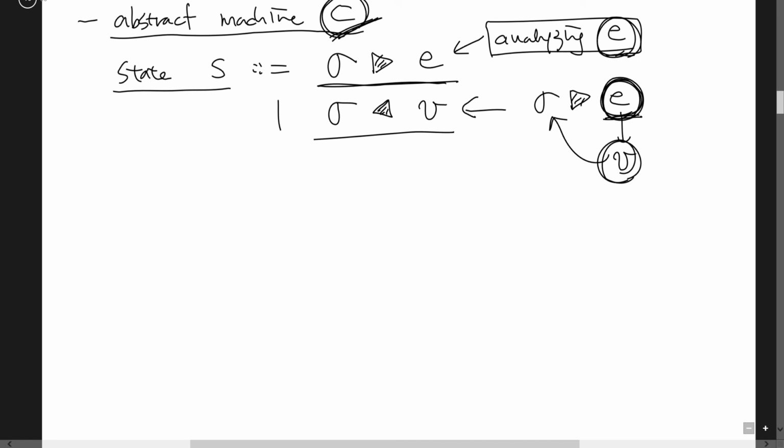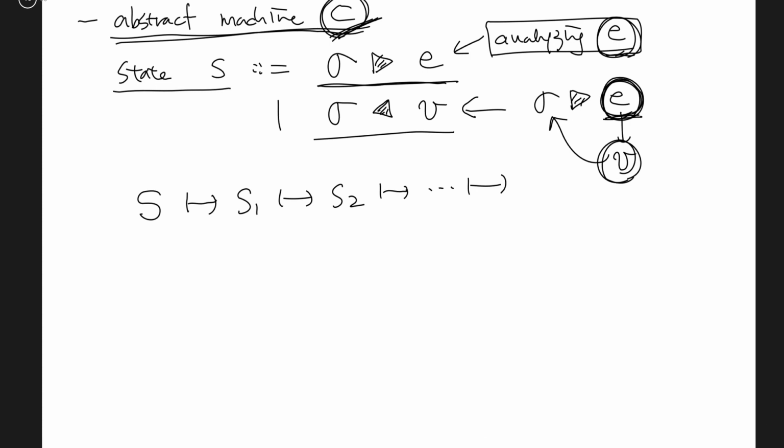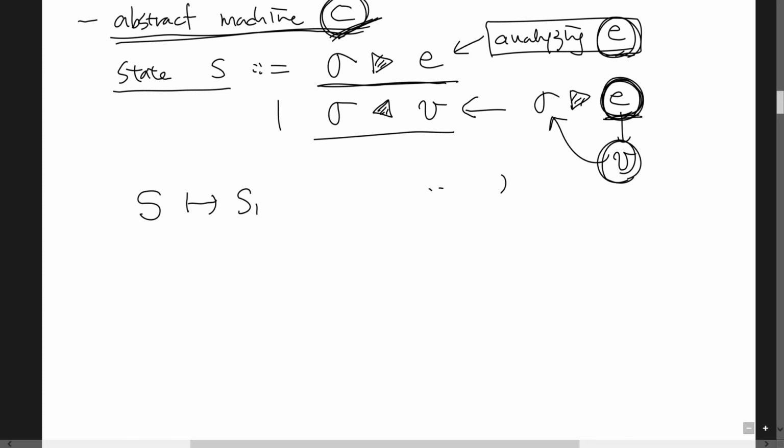And of course, this machine, abstract machine C, goes through transitions of state. So you start with some state, and then the next state, and then the next state, and so on. So we use this judgment, state transition judgment. This is the machine C transitions from the state S to a new state S prime.